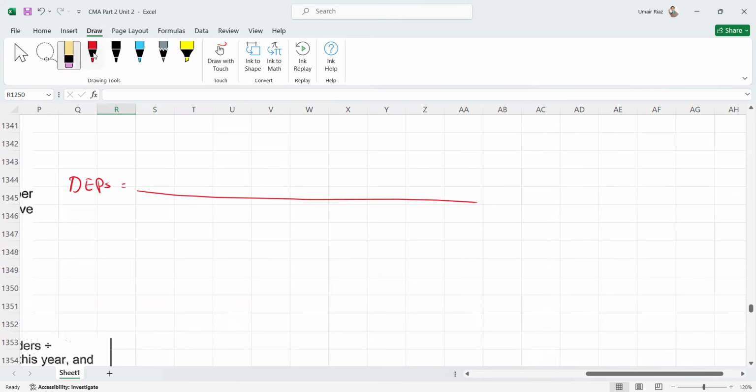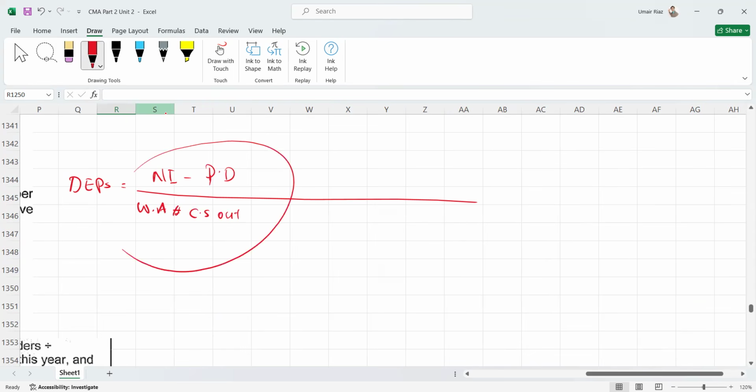The formula for basic EPS was net income minus preferred dividend, divided by the weighted average number of common stock outstanding.